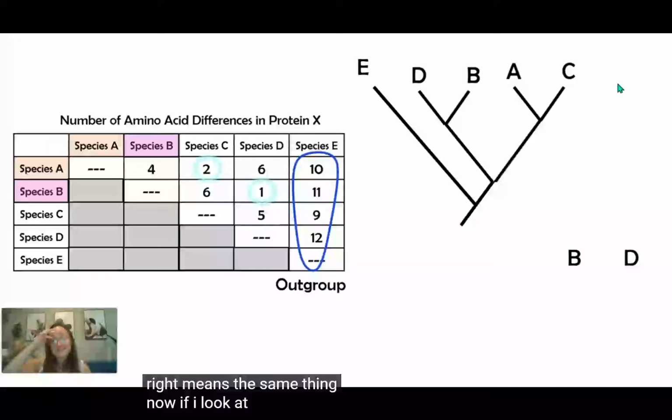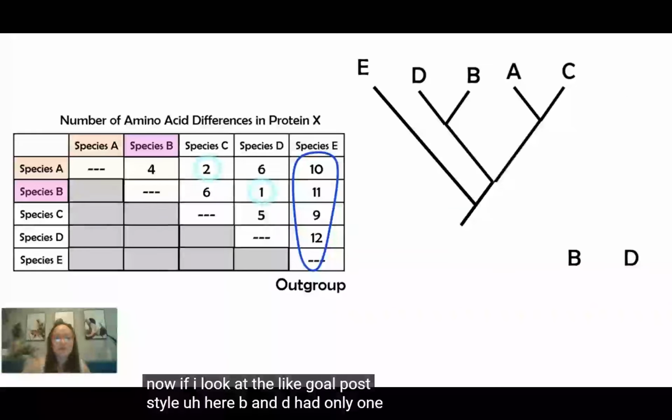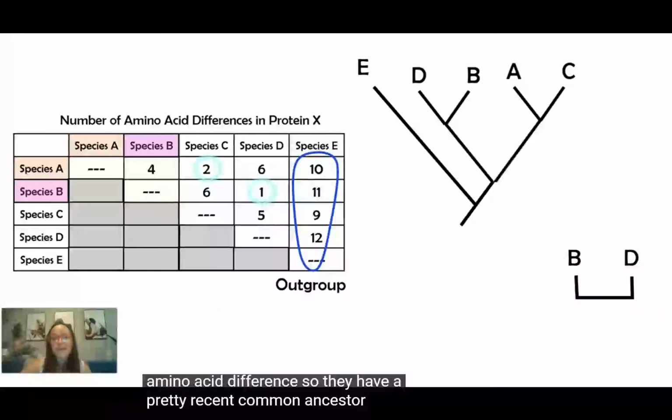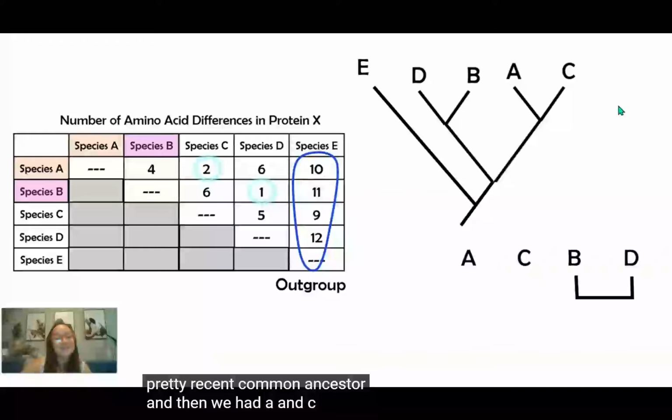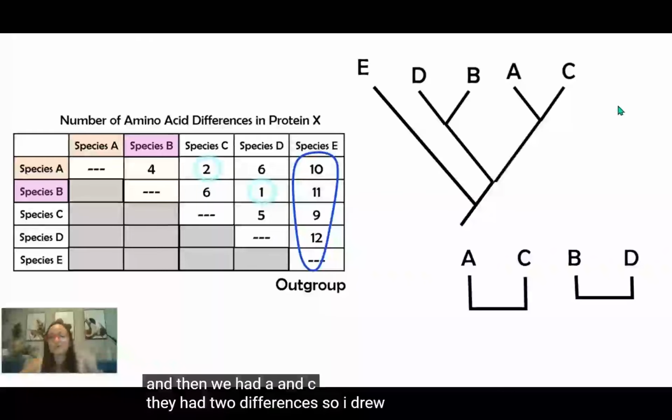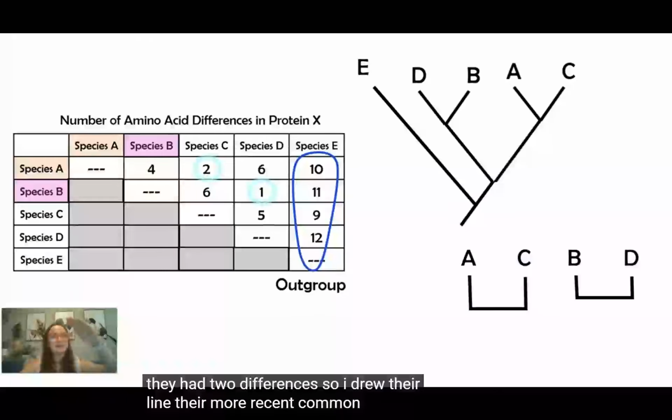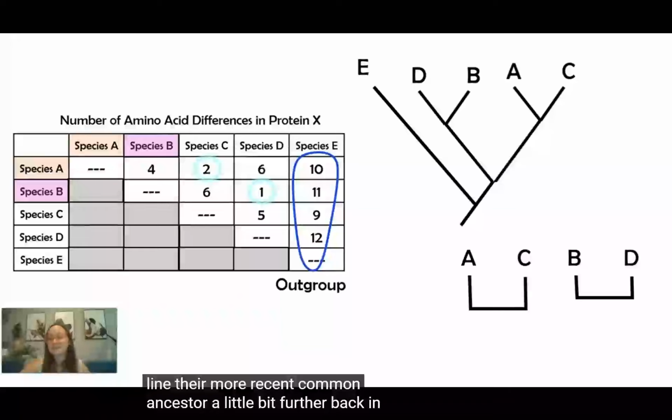Now, if I look at the goalpost style, here B and D had only 1 amino acid difference, so they have a pretty recent common ancestor. And then we had A and C. They had 2 differences, so I drew their more recent common ancestor a little bit further back in time.